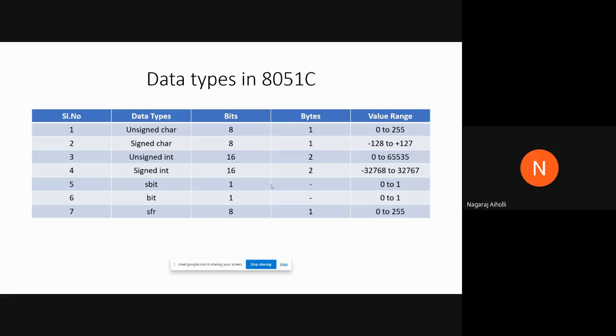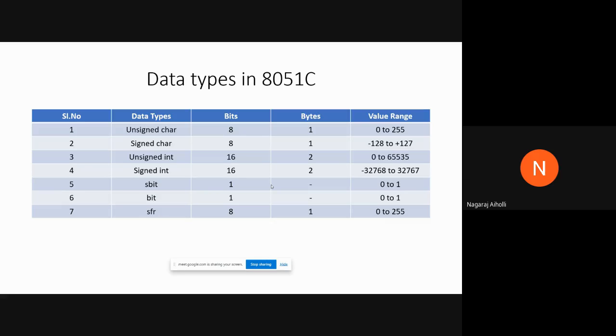The various data types in 8051 C are as follows. First one is unsigned char. It stores maximum 8-bit data, that is 1 byte, and its value ranges from 0 to 255. Second one, signed character.